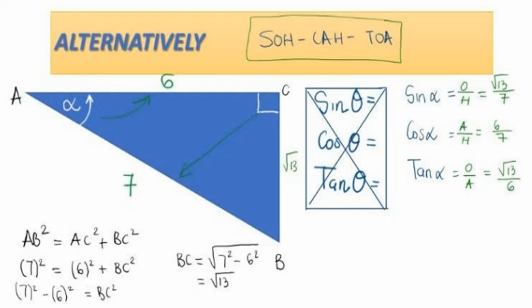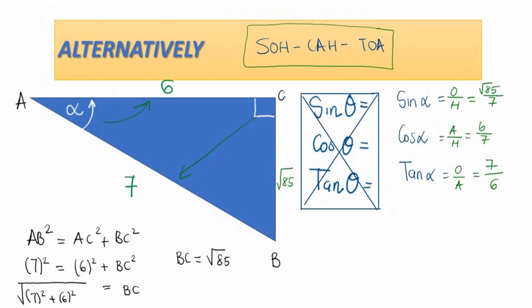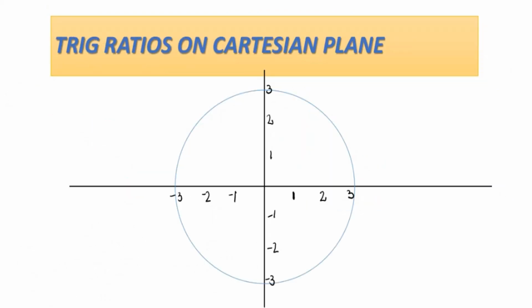So now let us have a look at how we define our trig ratios on our Cartesian plane, right? Let us start off by labeling our Cartesian plane. Firstly, guys, this is the x-axis, this is the positive x-axis, this is the positive y-axis, right? This is the negative x-axis, and this is the negative y-axis.